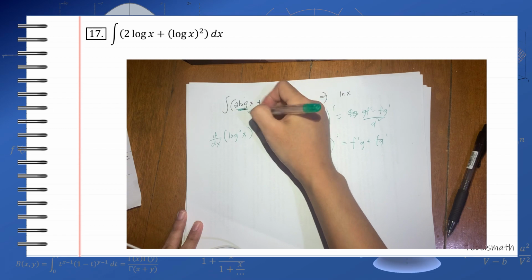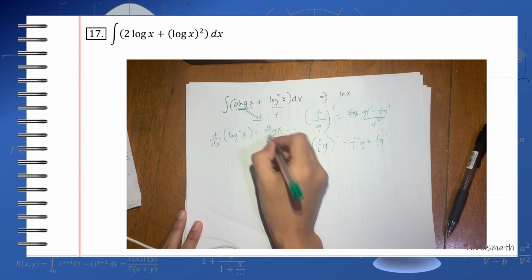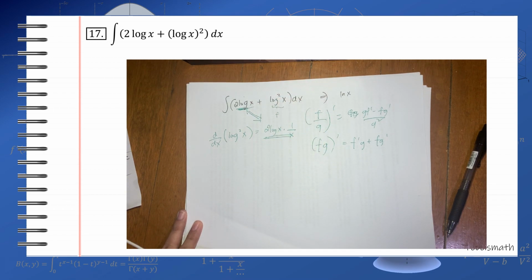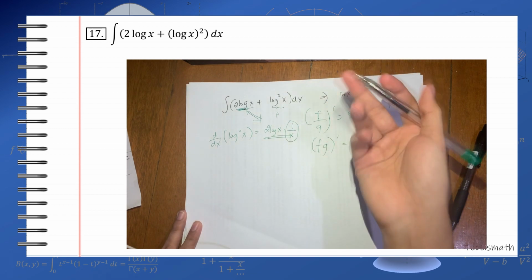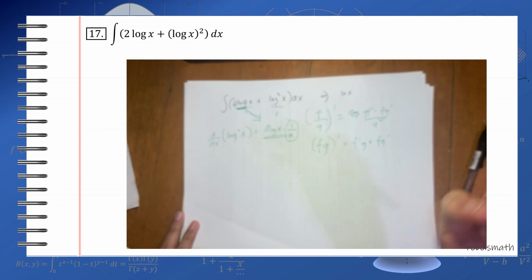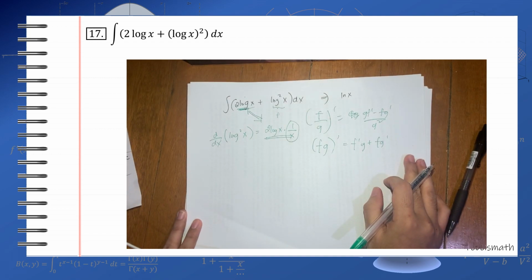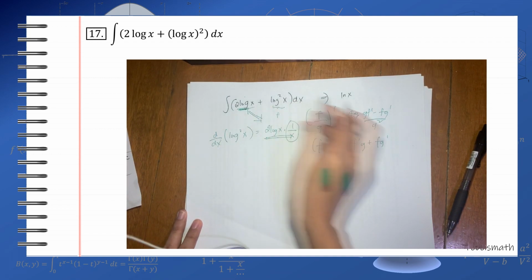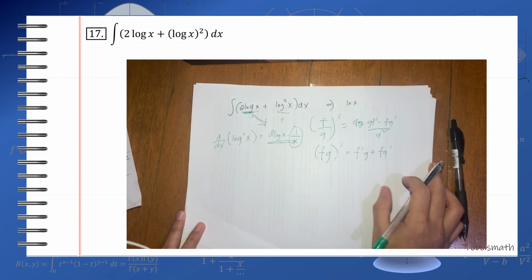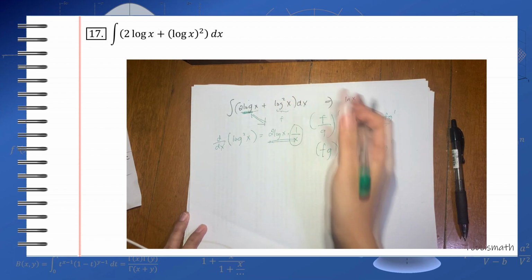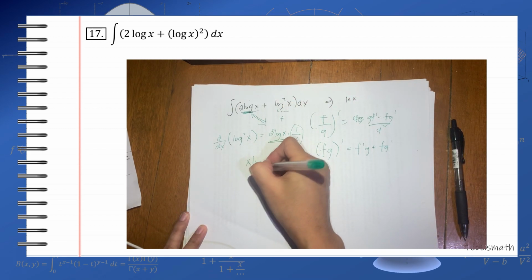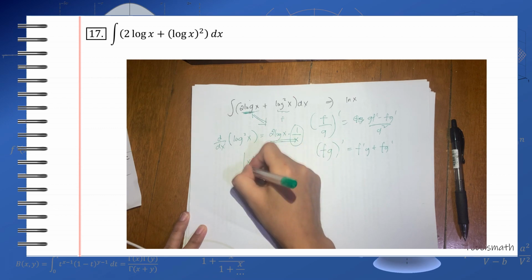So this looks quite related to this. What's only missing is the 1 over x. What do I multiply with 1 over x to eliminate 1 over x? Yep, that's x. So a quick guess about the antiderivative is x log squared x plus c.